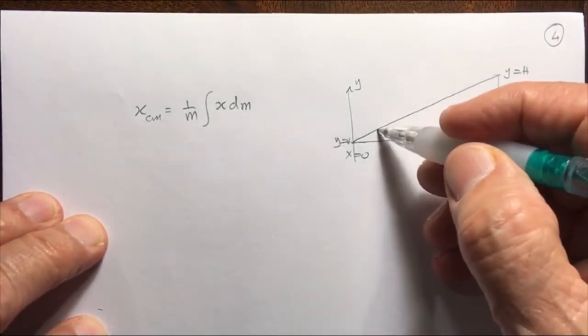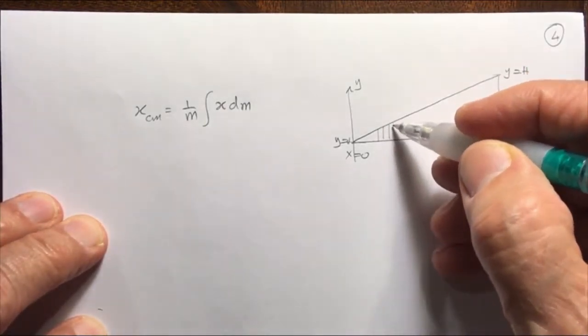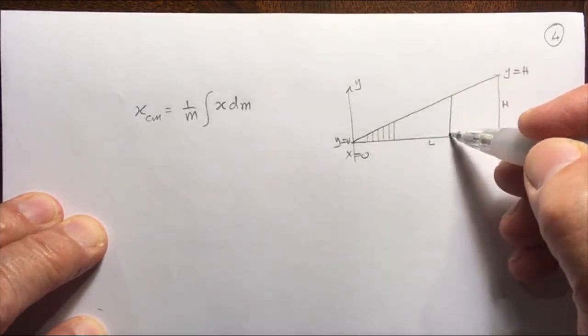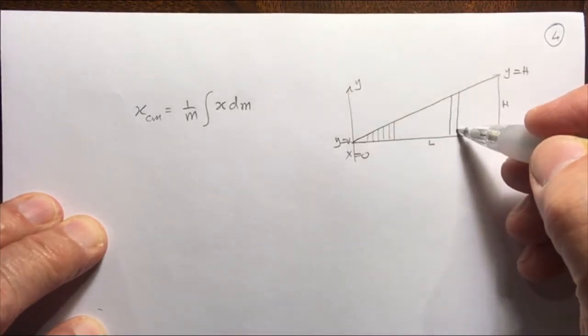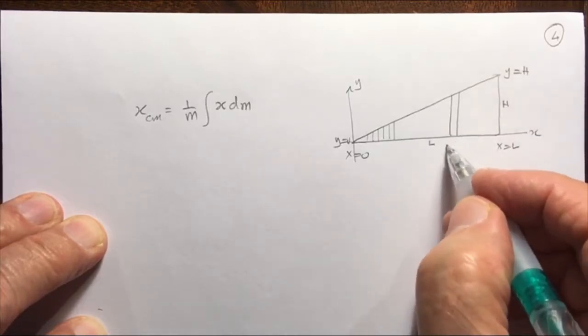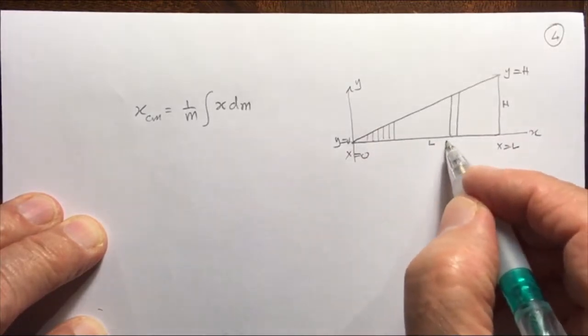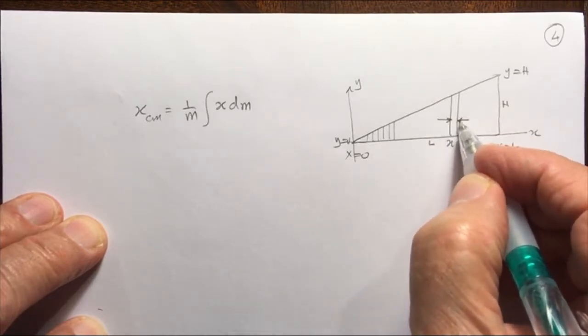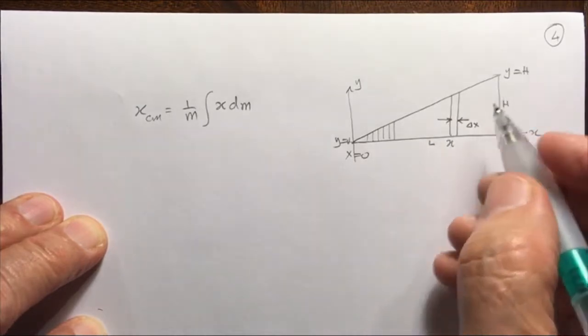So we divide this whole thing into little strips, and we consider one such strip over here located at a distance x with a thickness delta x.